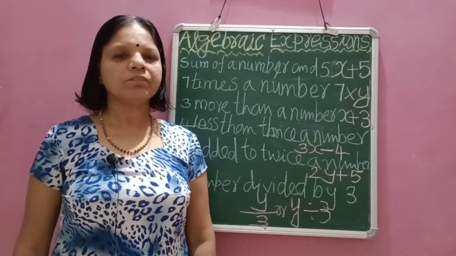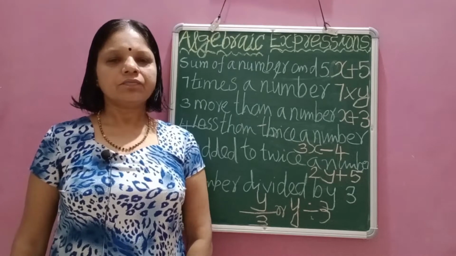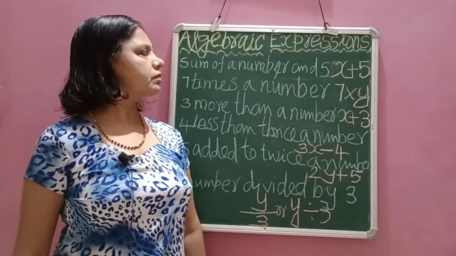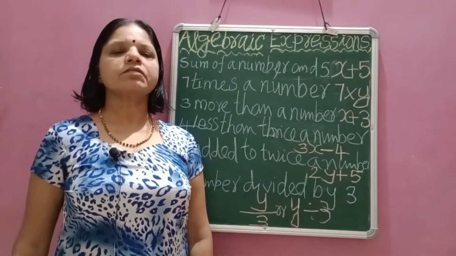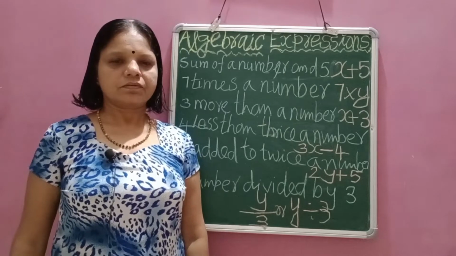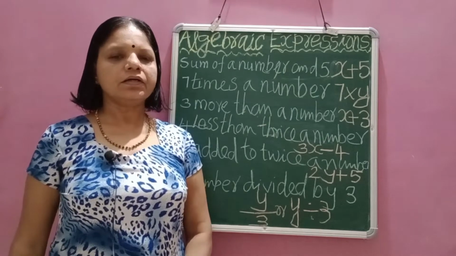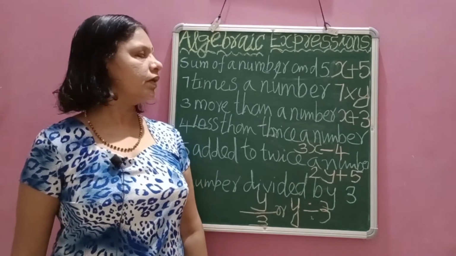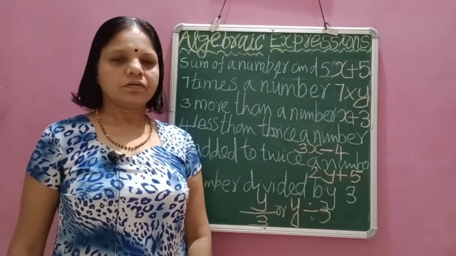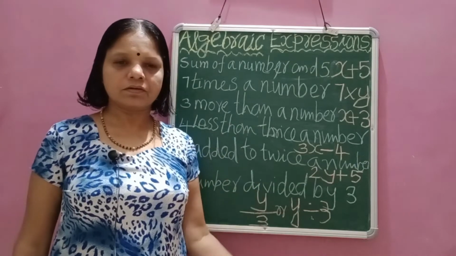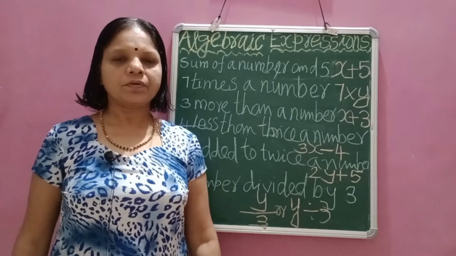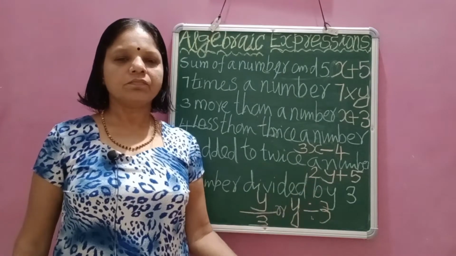So today I am here with a different topic, that is algebraic expressions. You have studied in the last class what a numerical expression is. This is somewhat similar. I told you expressions are used to represent some information.